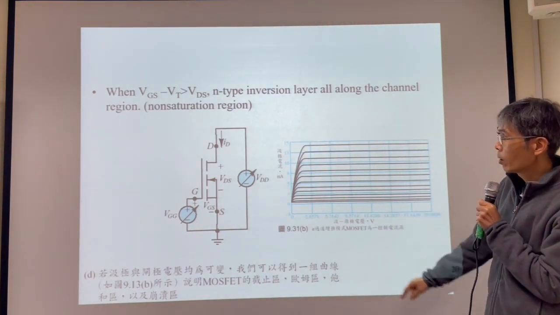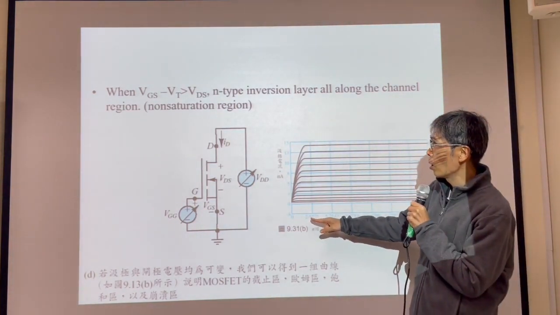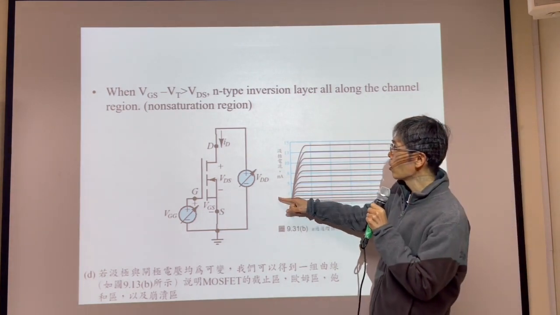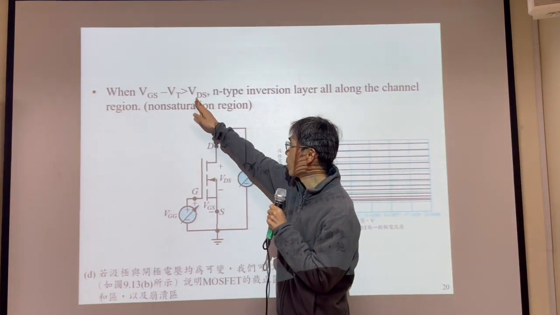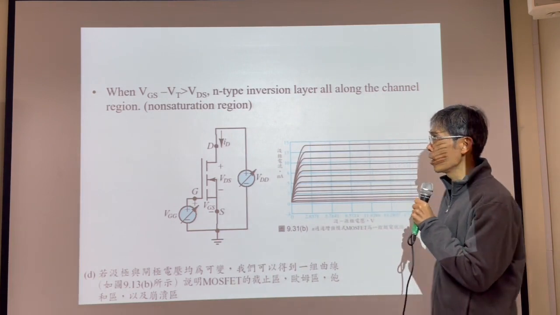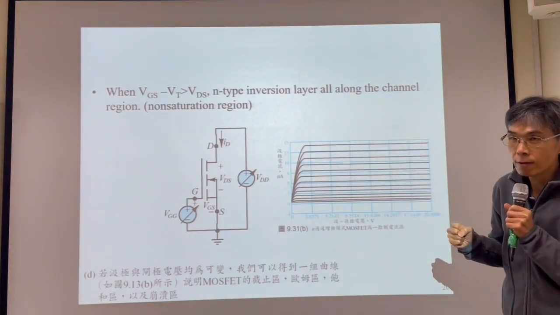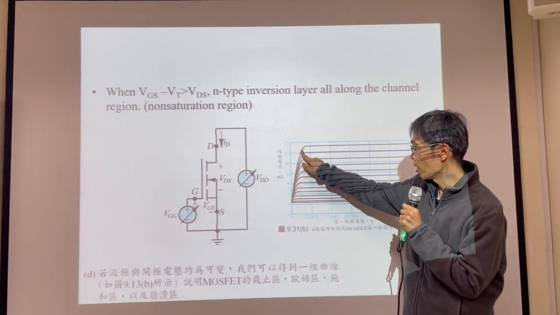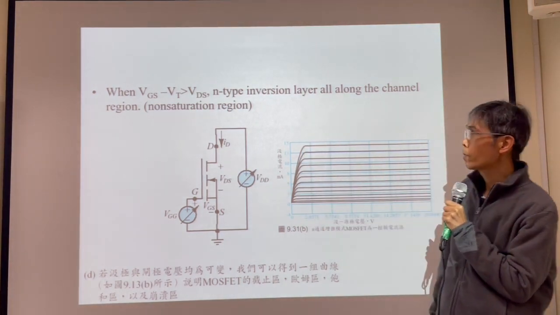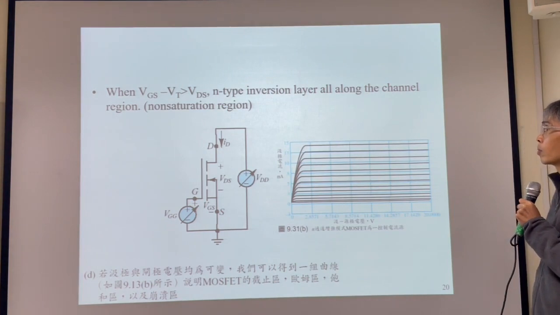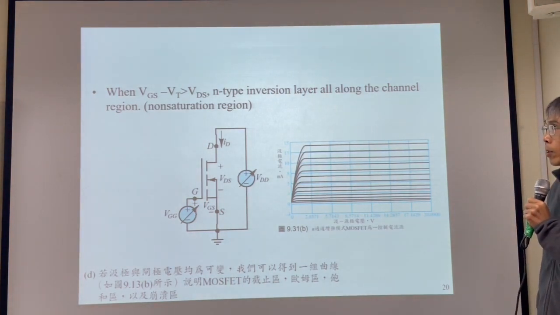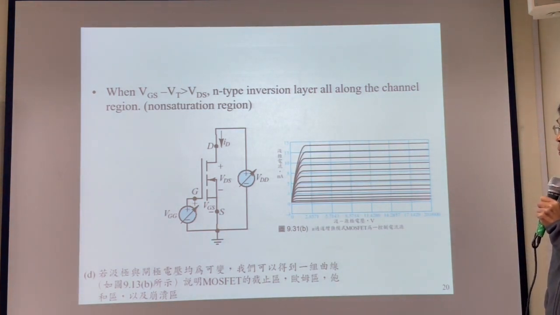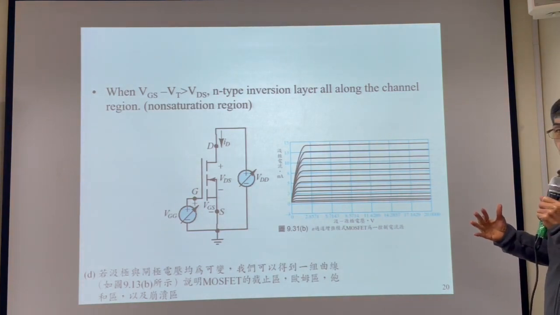So in this region, VGS minus VT greater than VDS, then we have this linear region, the non-saturation region. It means VGS is large enough, so we don't have cutoff.